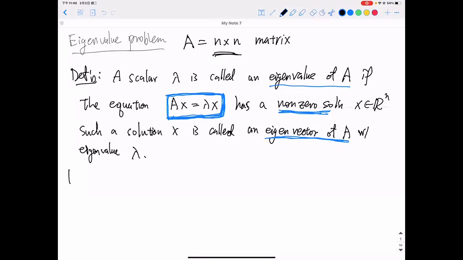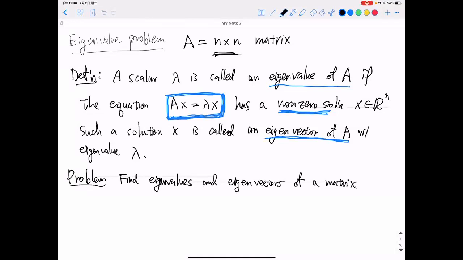Now the problem that we're going to study, and it will become more apparent later why we're doing this, is to find eigenvalues and eigenvectors of a matrix.